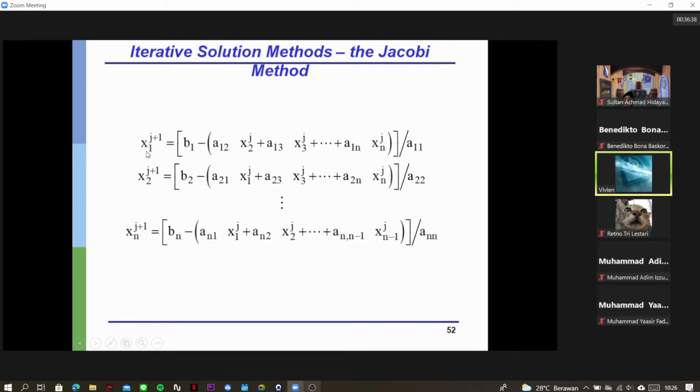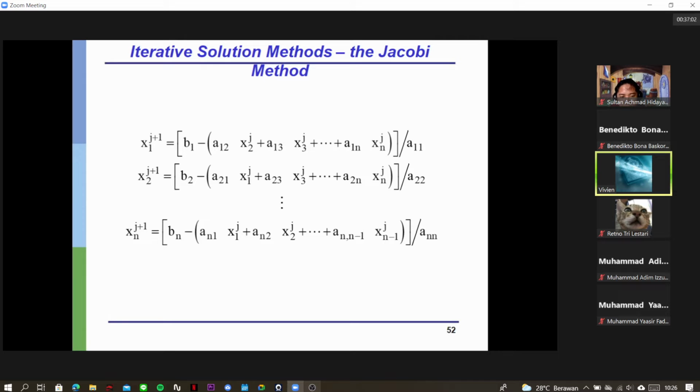Once we have x1 at j plus 1, and then we want to calculate x2 at iteration j plus 1, the value of x1, although it's already updated in the current iteration, is not used directly. All of the values here still use the old values, the previous values.